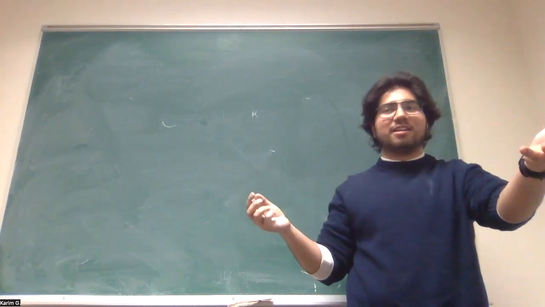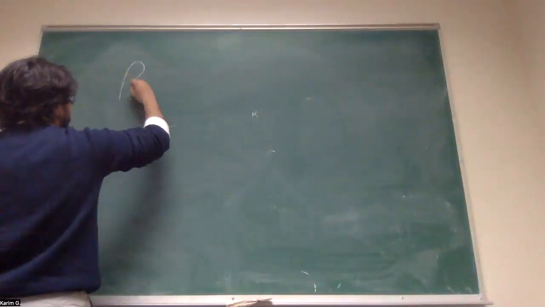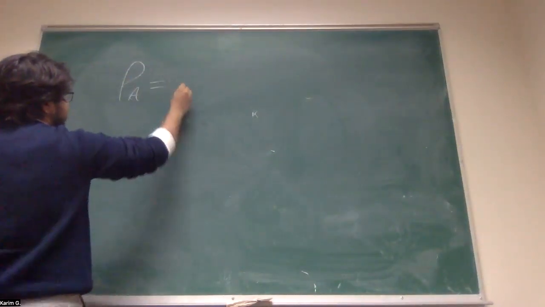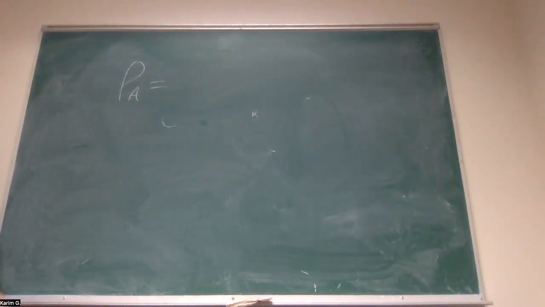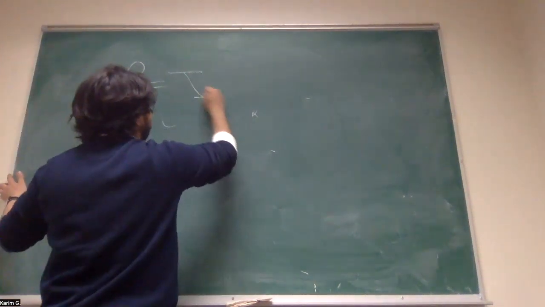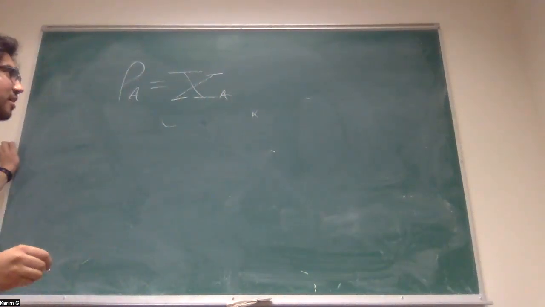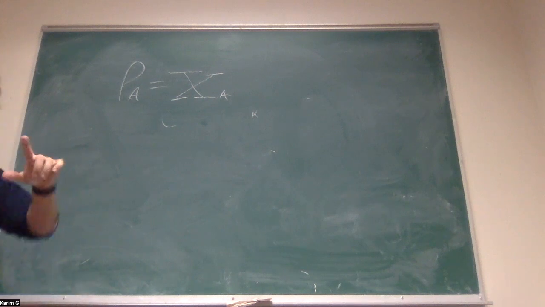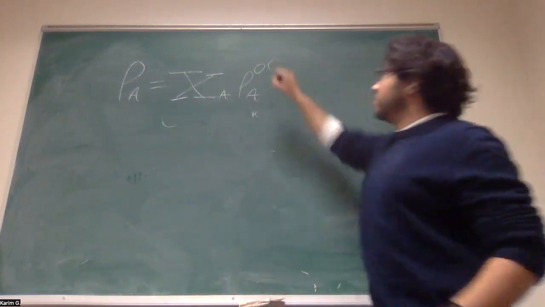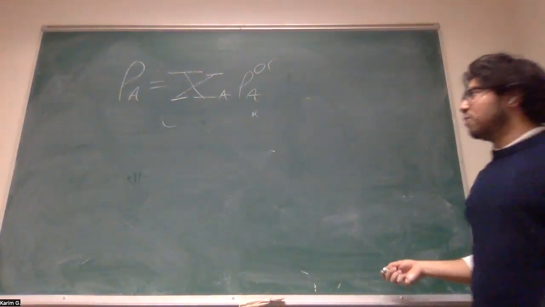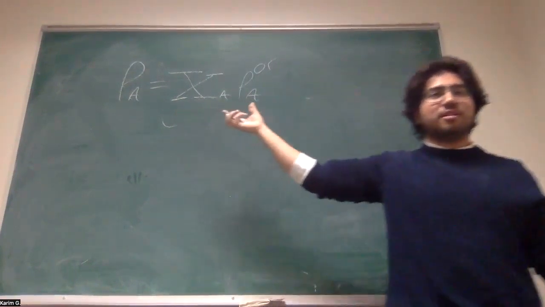It's a law, okay? It's Raoult's law, right? What's Raoult's law? It's X of A times P naught. This naught means initial, right? So we want the pressure initially, and then what does this X stand for?